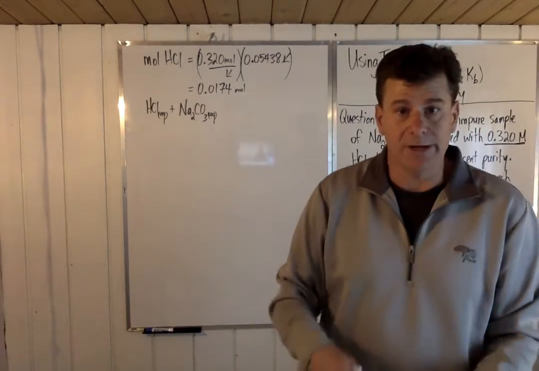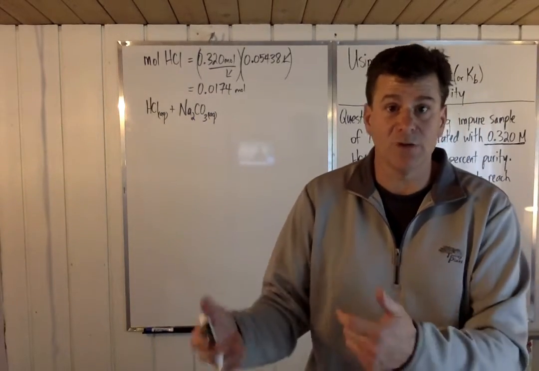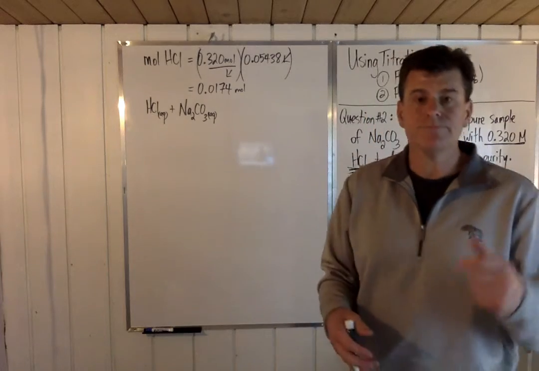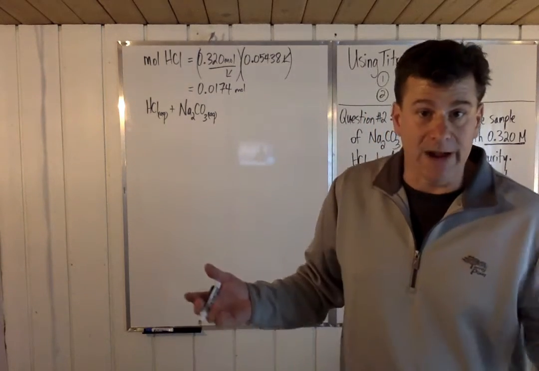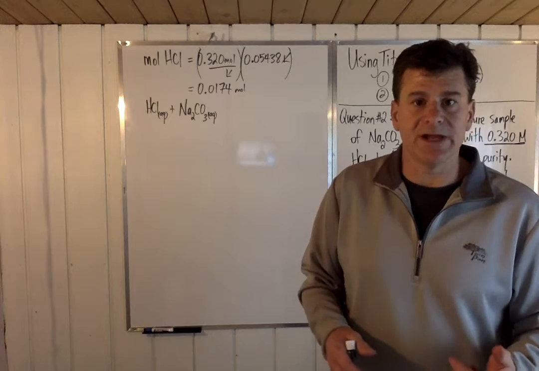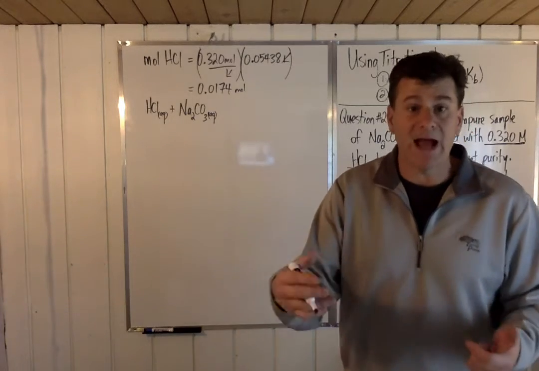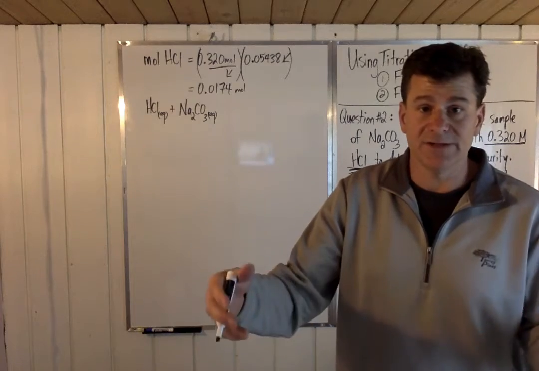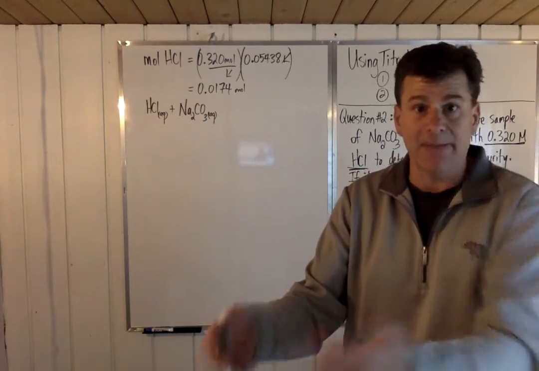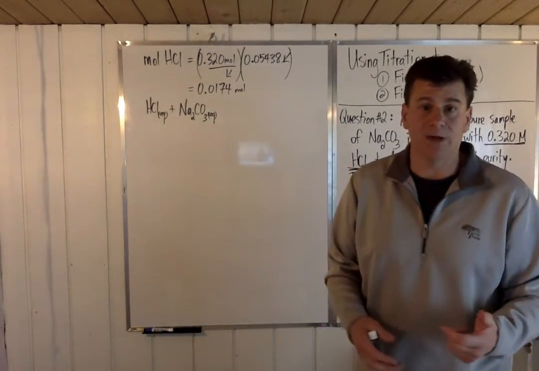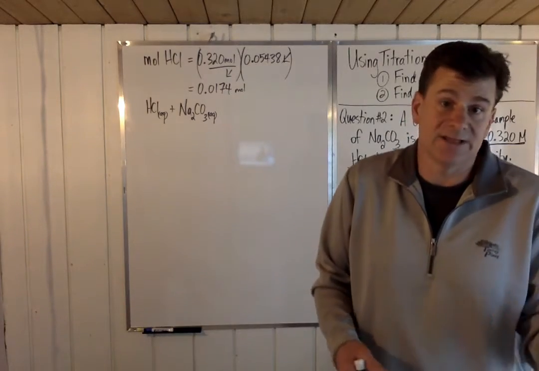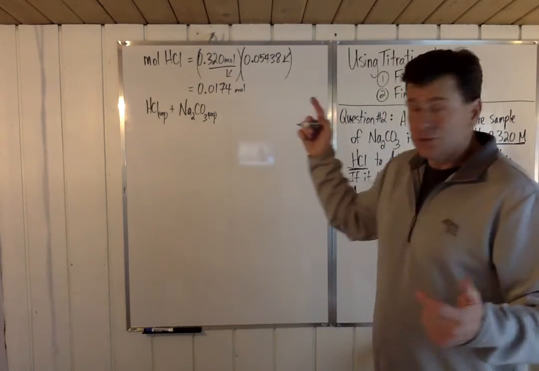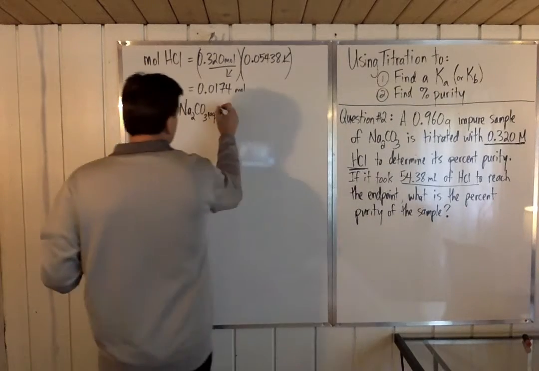You threw it into a beaker and you threw in some water to dissolve it so you could do the titration. How much water you threw in doesn't matter. No one asked you for the concentration of the Na2CO3. You already knew the mass, which means the moles of the Na2CO3, they're going to be in that sample, right? So the amount of water you add is not really important.